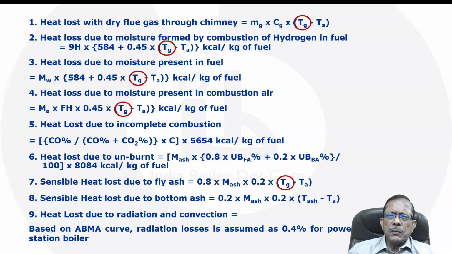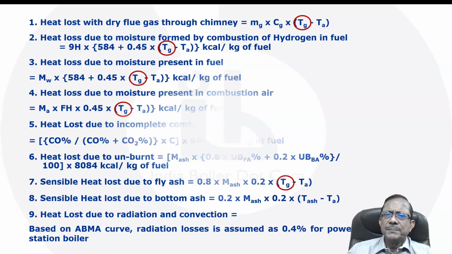They are worried about the unburnt losses, sometimes about unburnt in the bottom ash, which actually contributes very little to the total losses, right? But not sufficient importance is given to this particular parameter.